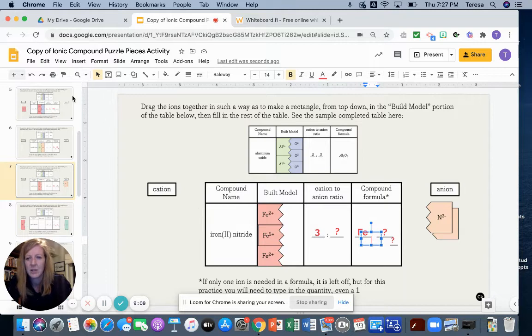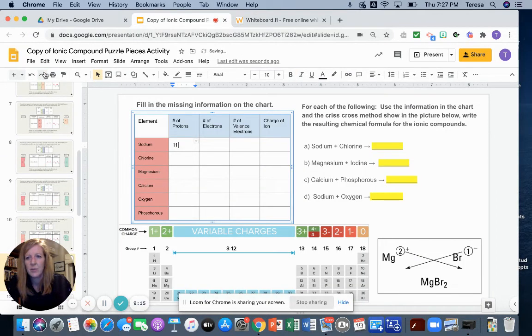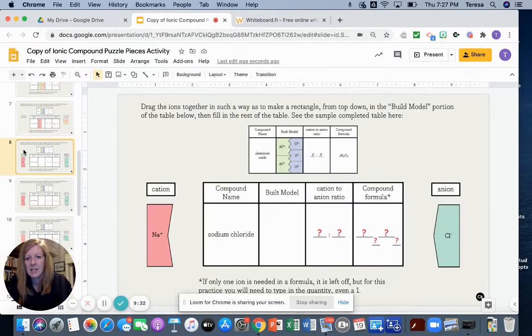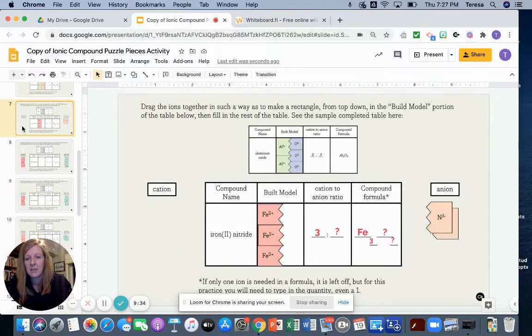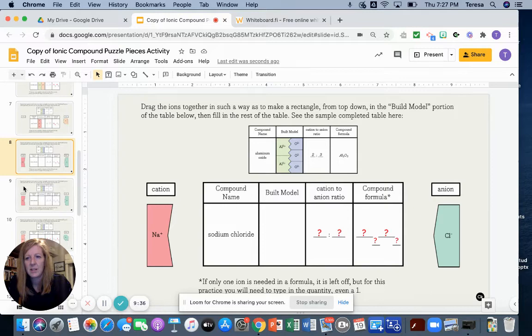So that's what you are going to figure out. You're going to fill in the rest of this, and then you'll move on to the next slide. You'll fill in slide 8, 9, and 10, and then we'll get to slide 11. So I want you to finish 7, and do 8, 9, and 10.